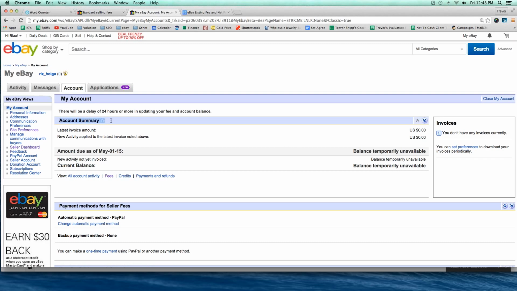There we go. And right when you get to your account tab, you're going to have this section right here. You've got an account summary, which will show you your fees. And right down here, you can see very specifically all your fees laid out for you. Each insertion fee, each final value fee, they'll all be listed here. You just have to click on one of these links.